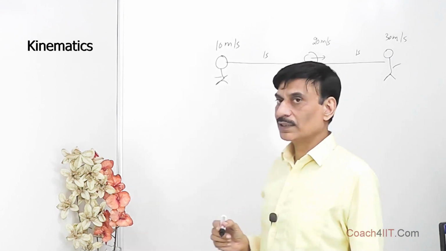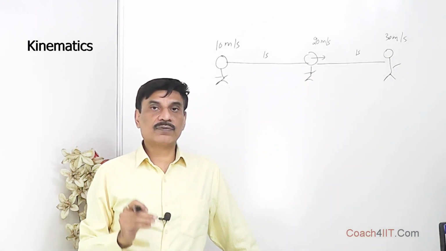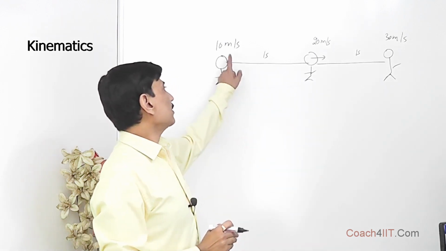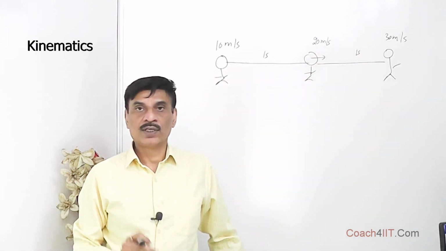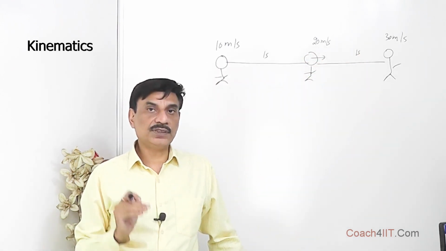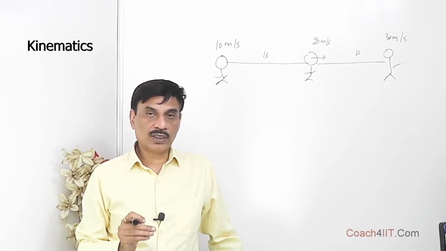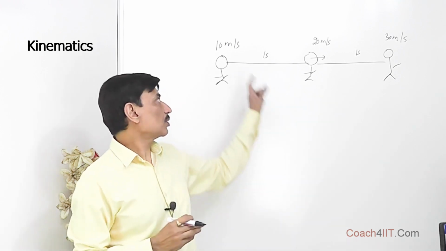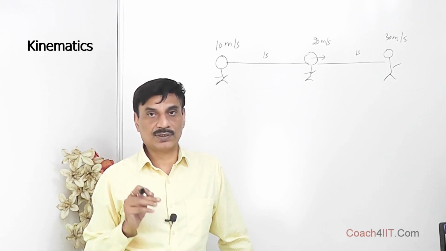If someone asks whether this body is accelerating, the first thing to see is whether its velocity or speed is changing. Yes, it is 10 meter per second, now 20, now 30, so its speed is changing and increasing. When there is a change of speed or velocity, we say acceleration is taking place. In this case the velocity is increasing, so we say it has a positive acceleration.